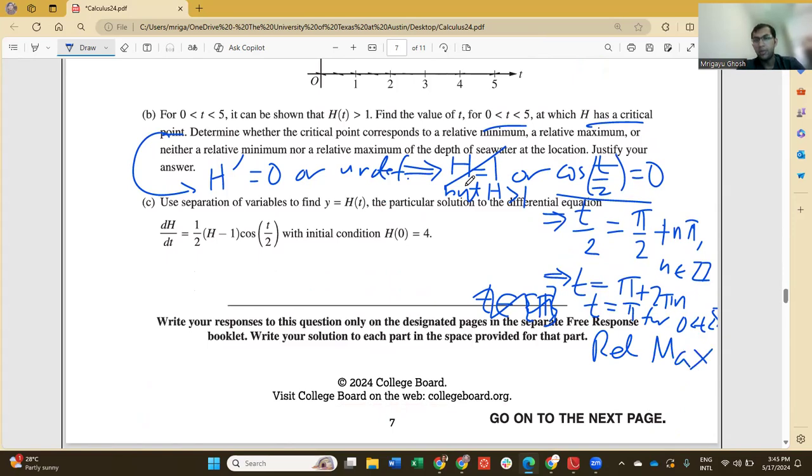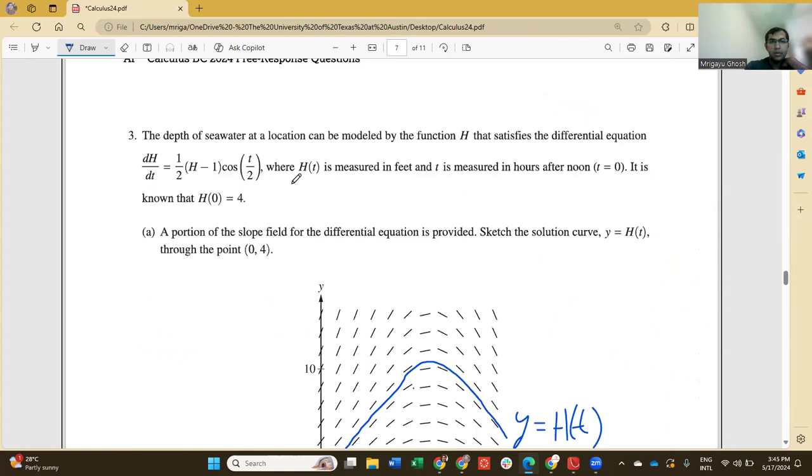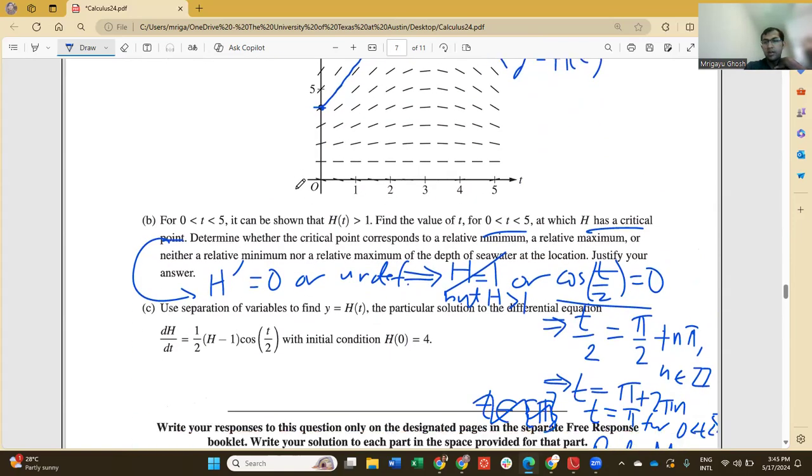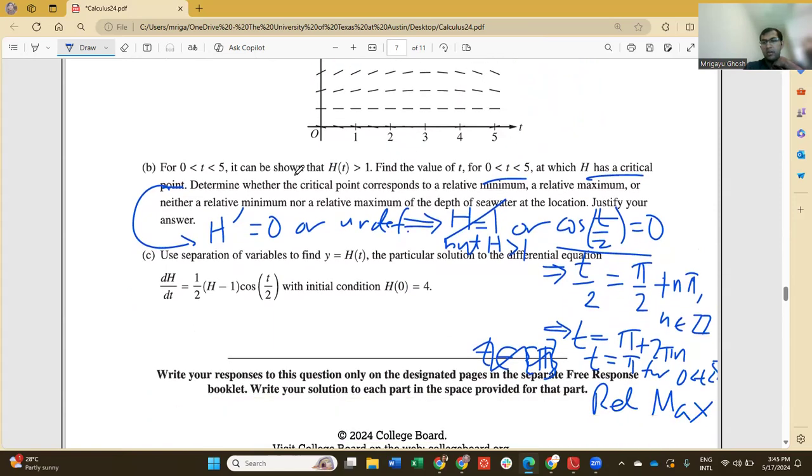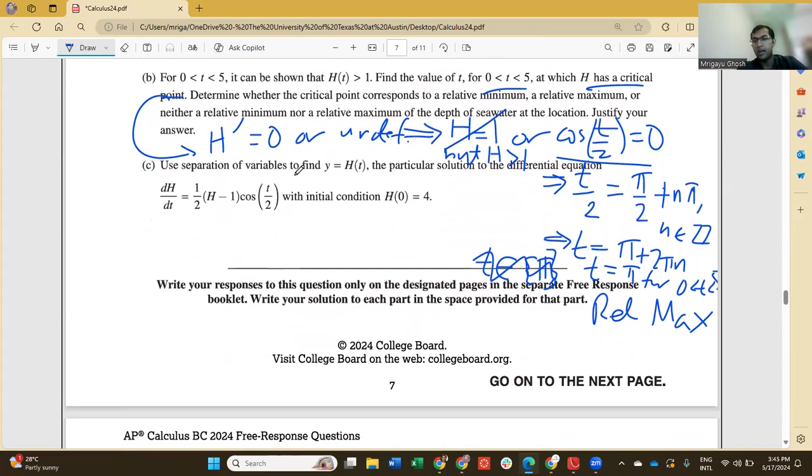What we really need to do for that is look right before and right after. Because cosine of a number just before pi would be positive and right after would be negative, right?